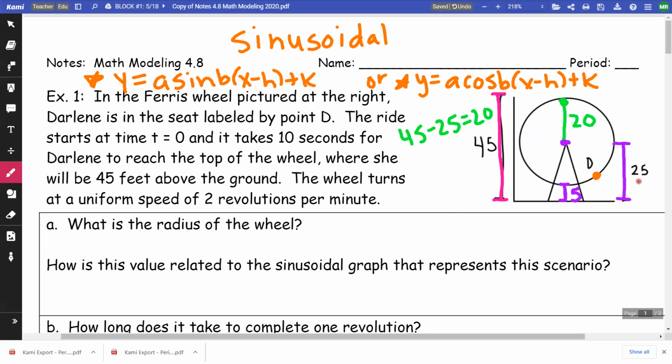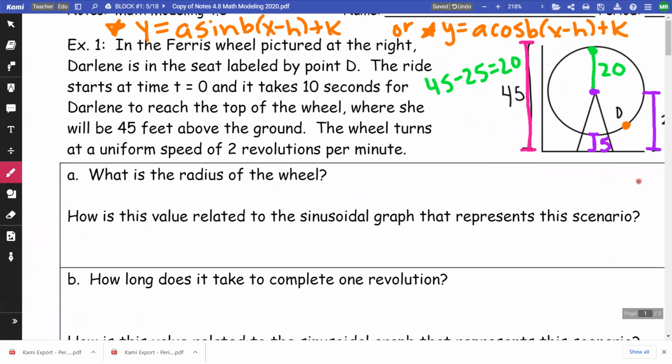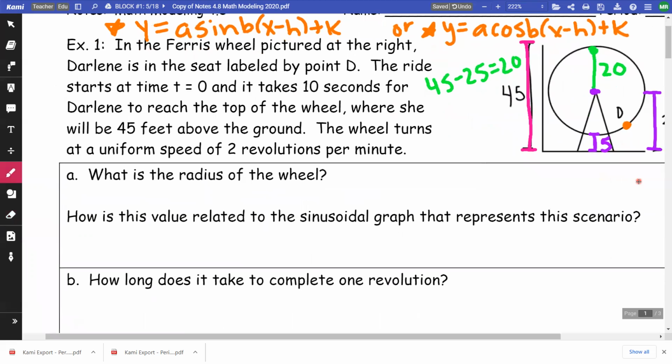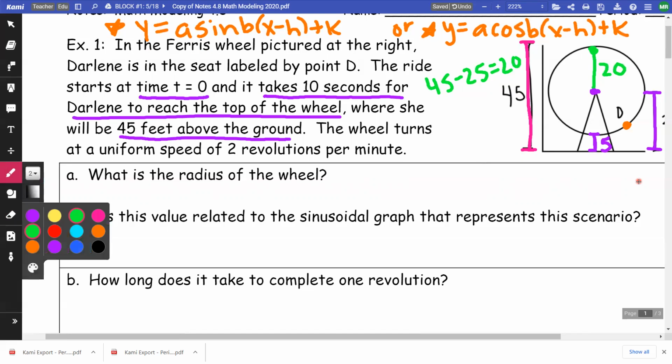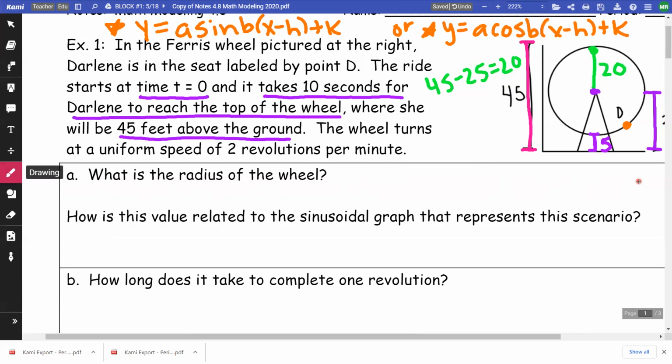So when we're looking at this problem, some more information they gave us is that the ride starts at time t equals 0, and it takes 10 seconds for Darlene to reach the top of the wheel, where she'll be 45 feet above the ground. We also know that the wheel turns at a uniform speed of 2 revolutions per minute.